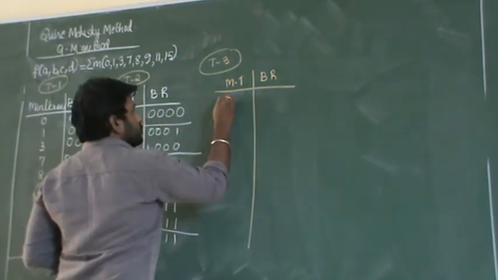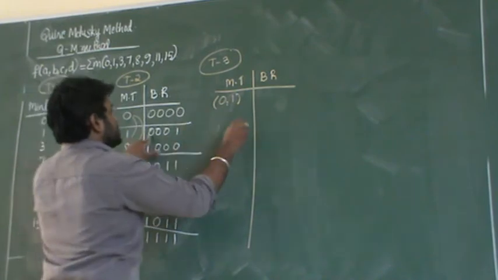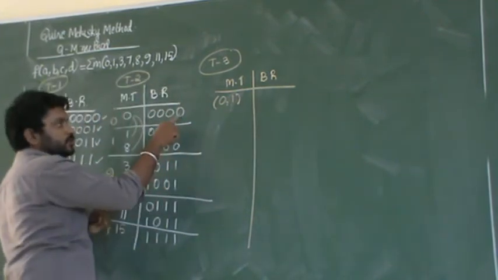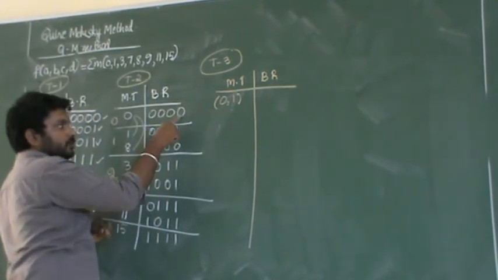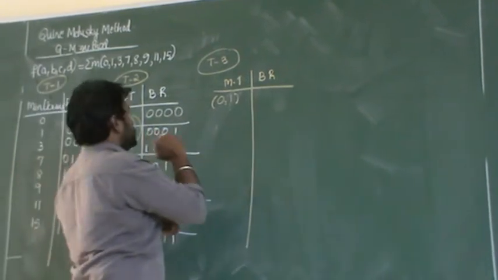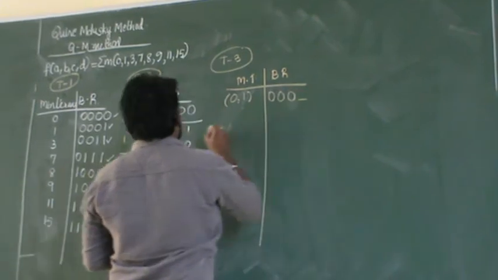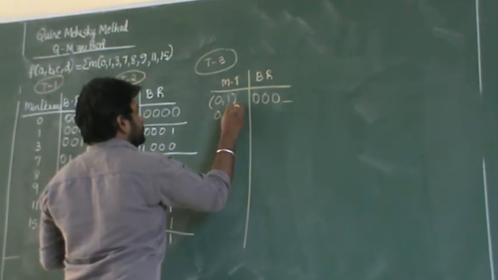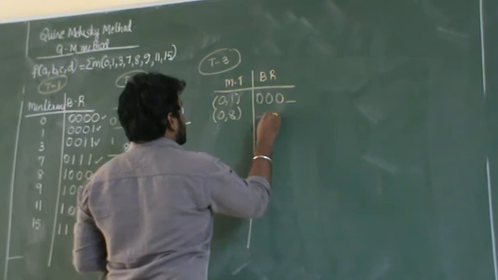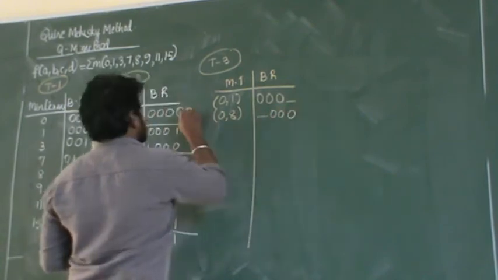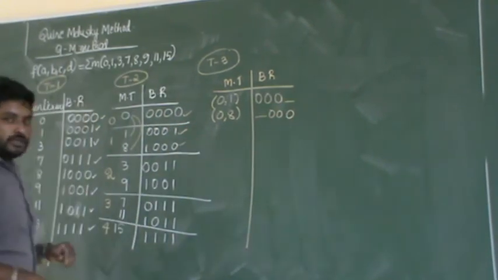So 0 with 1, is it possible? Yes. Only one bit change in its position. All the 3 bits are the same, only one bit changes. So I can write it as 0, 0, 0, dash. Next 0 with 8: dash, 0, 0, 0. So 0 is compared with both of these.